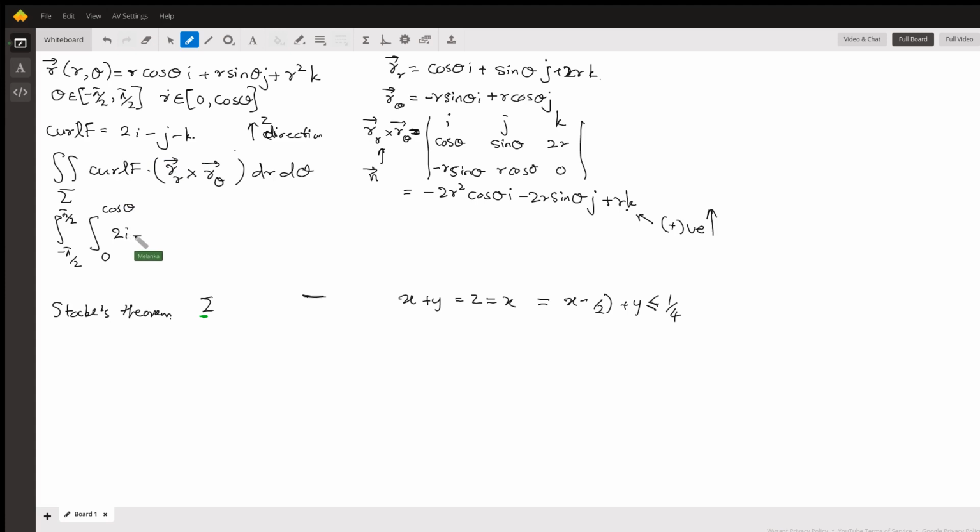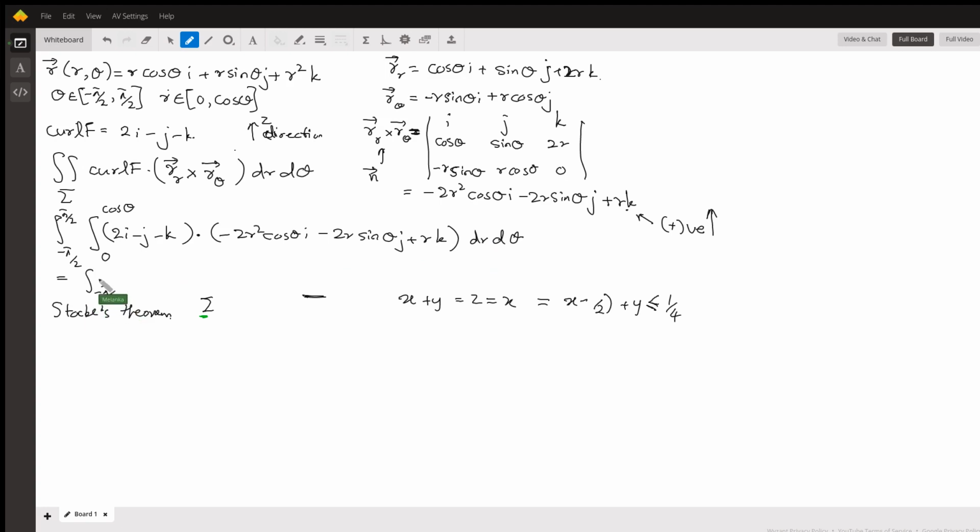So we have 2i minus j minus k, and now we take the dot product. So this is what we have: negative 2r squared cosine theta i minus 2r sine theta j plus r k dr d theta.